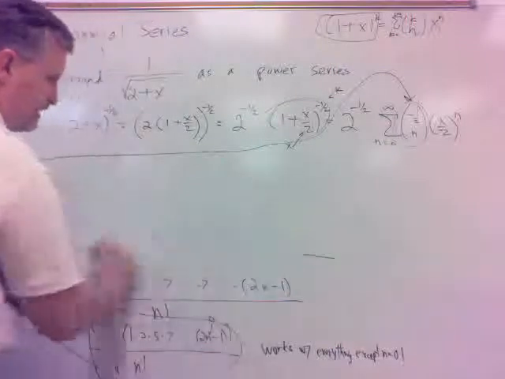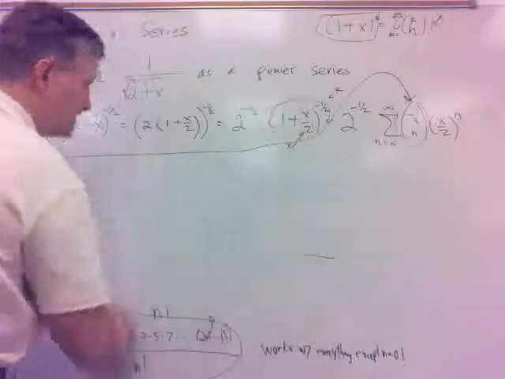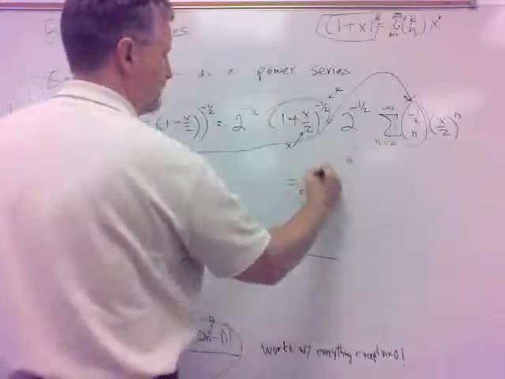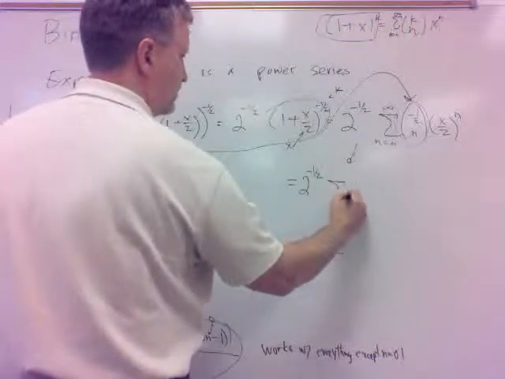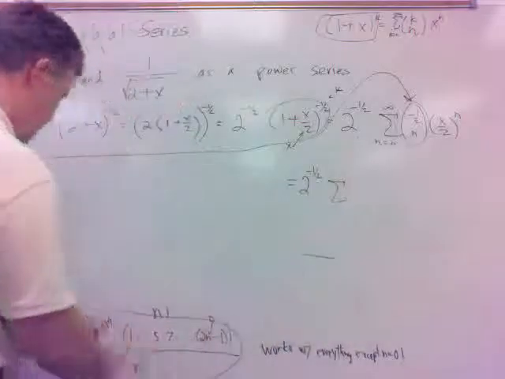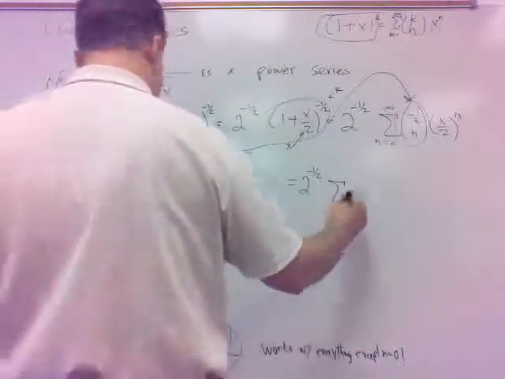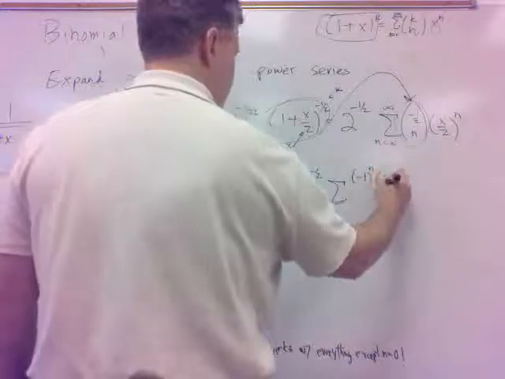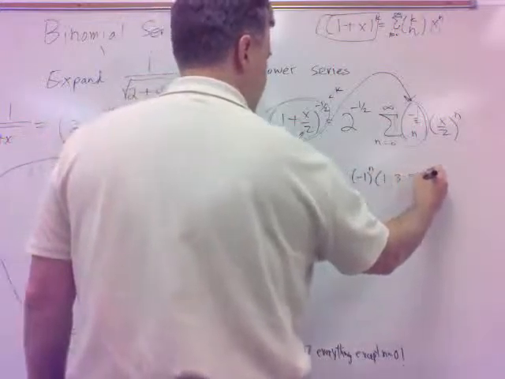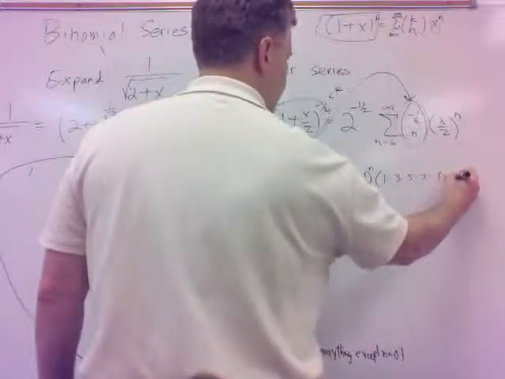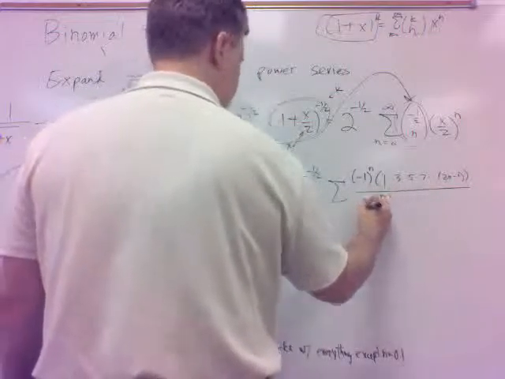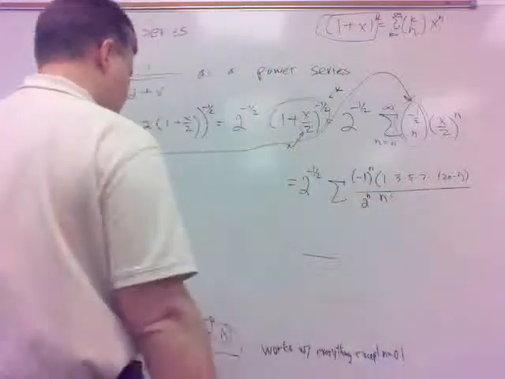So I'm going to come back here and say, well, this now is 2 to the negative 1/2 times the series, all over n factorial, 2 to the n times n factorial.